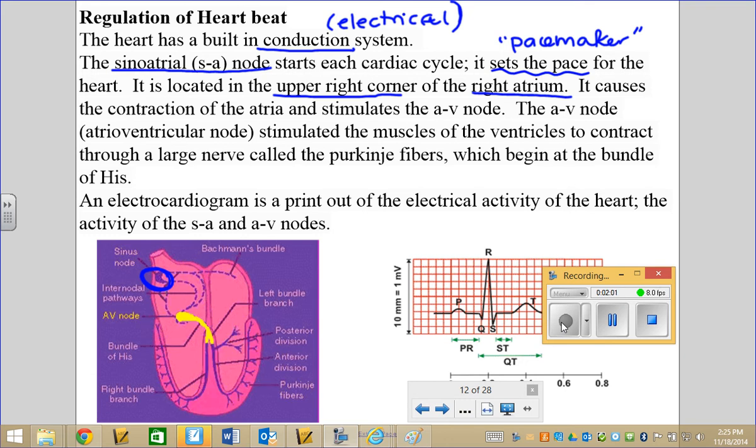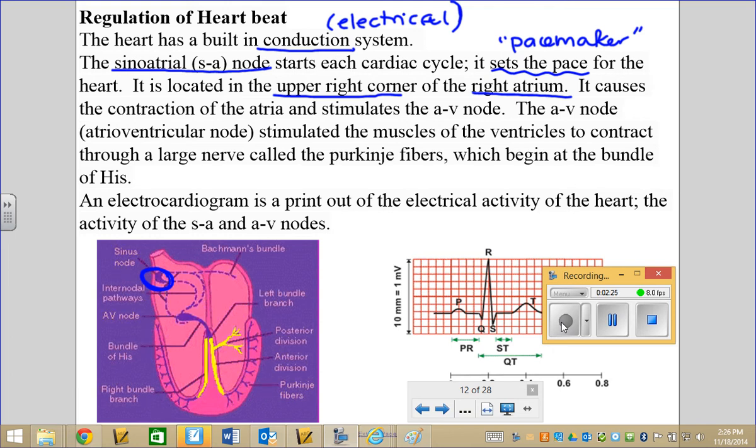So we have your sinoatrial node, which is often referred to just as the SA node, starting each cardiac cycle. Now what happens is that this node receives a signal. Now the signal comes from your brain, and we're not going to follow the pathway all the way up there. We'll just start with your heart.